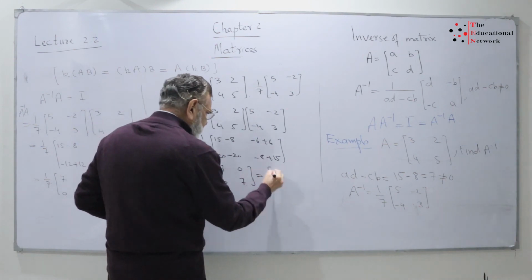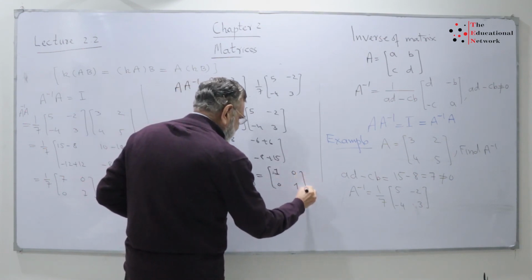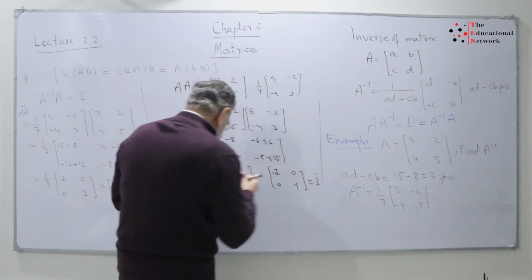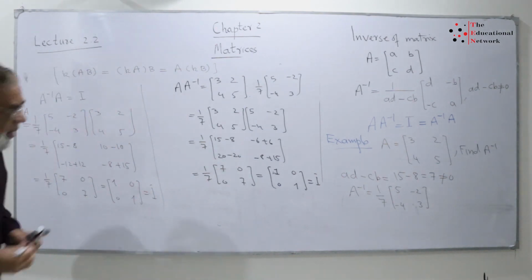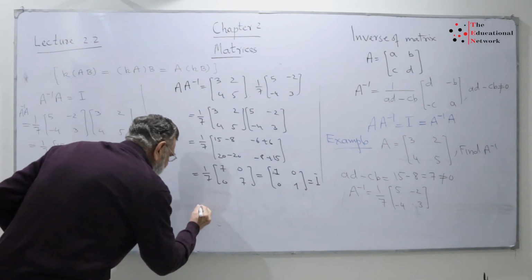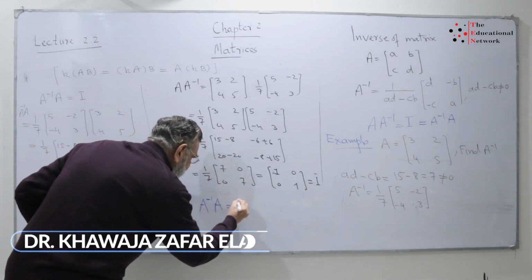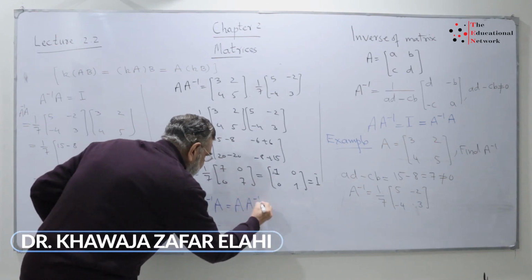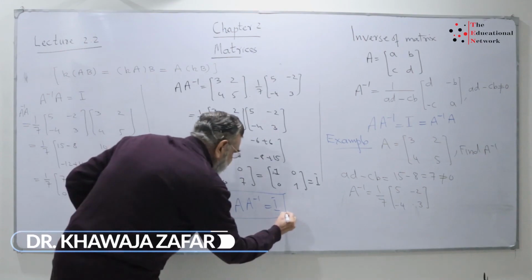We get 7 upon 7 is equal to 1, and then 0, 0, and 1. And that's my I. So I can write the property we have discussed: A inverse A is equal to A A inverse is equal to I. So this is the property of the inverse of the matrix.